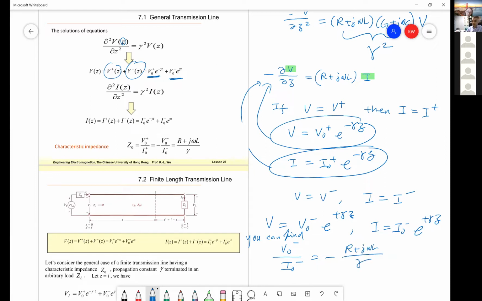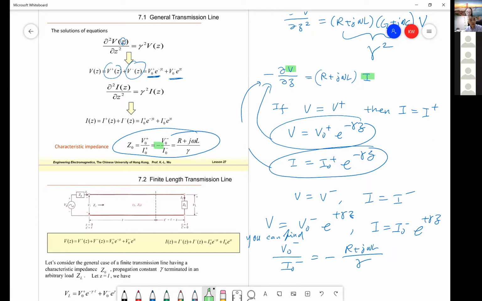This is not given by me; this is given by Maxwell equations. It's a solution of the Maxwell equation or the wave equation. Again, we have this minus sign for a wave propagating in the minus z direction. You can easily justify this.